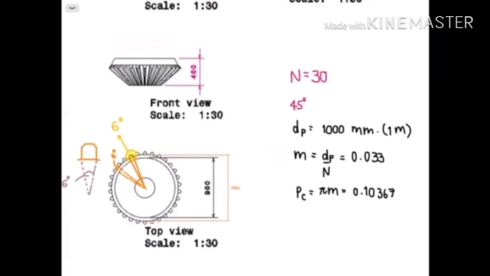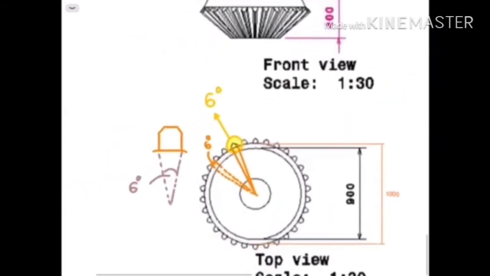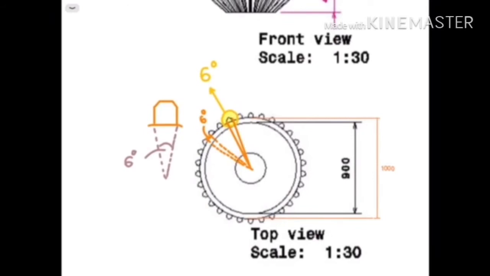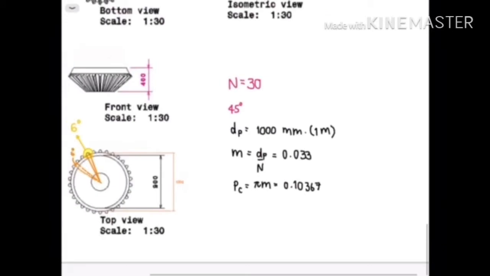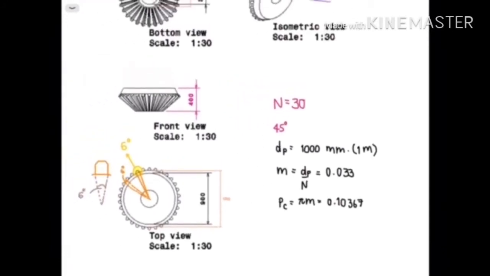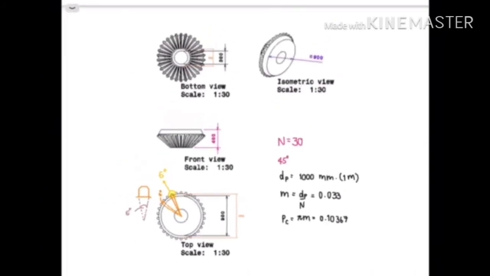The width of a tooth is 6 degrees, and the space between two teeth is also 6 degrees. Then we calculate the module, but since we use the same size of bevel gear, every gear has the same module to enable proper operation for mating gears.